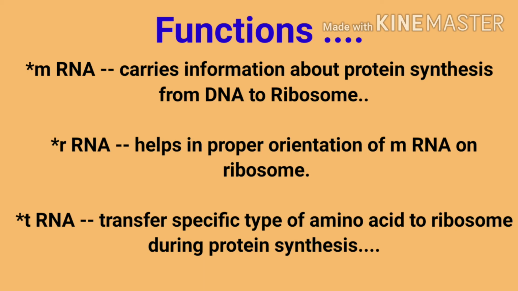Then rRNA helps in proper orientation of mRNA on ribosome, that means protein synthesizing machinery. And finally tRNA, that means transfer RNA. As the name suggests, it transfers or carries specific type of amino acids to the ribosome during protein synthesis.